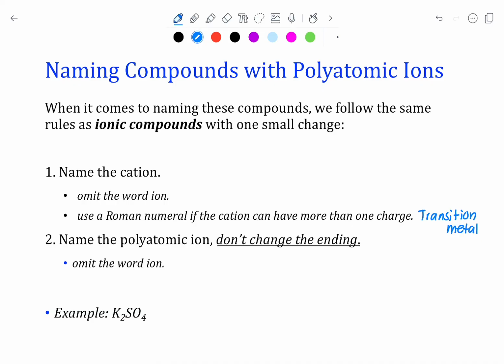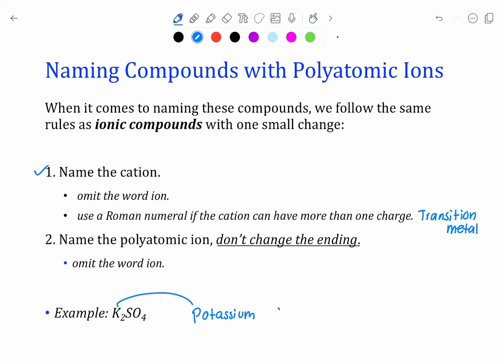So let's look at this one. Here we have potassium is K. Okay, so our first one is name the cation, potassium. Since potassium is a main group element, it's not a transition metal, we don't need a Roman numeral. Okay, so that's step 1 done. Then we just name the polyatomic ion. So SO4 is sulfate.